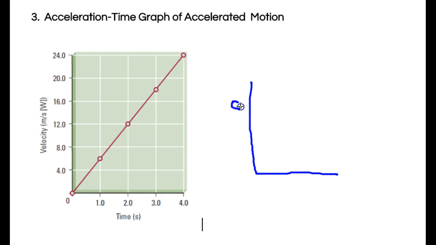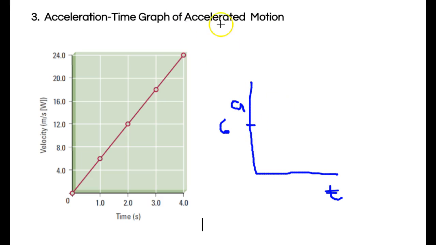If this is my acceleration on my vertical axis and time on my horizontal axis, and since my slope was 6 meters per second squared, I would find the 6 meters per second mark on my scale and draw a horizontal line for the entire time interval.